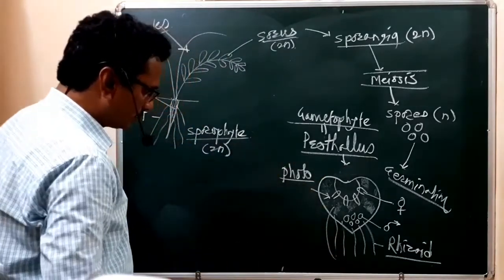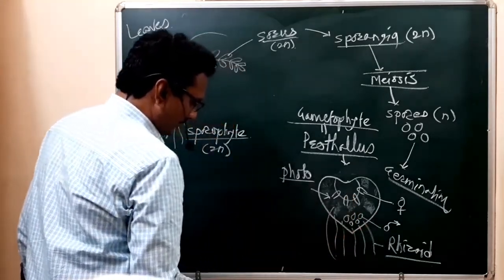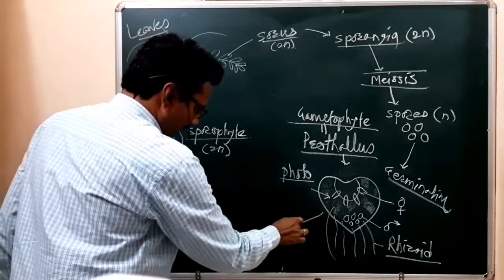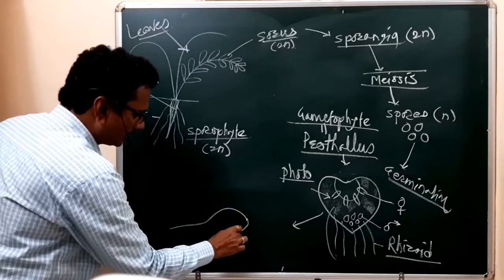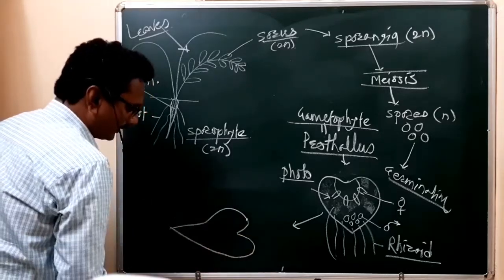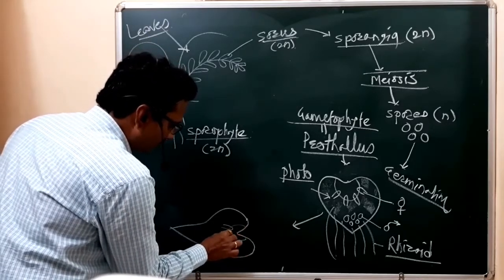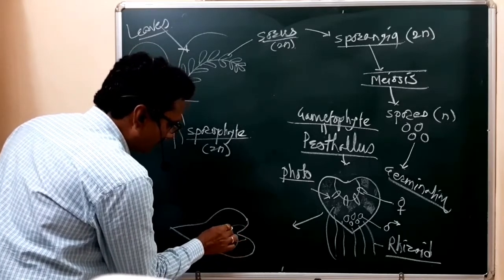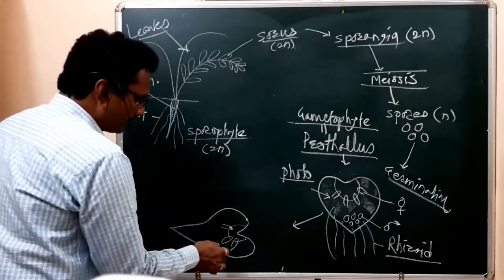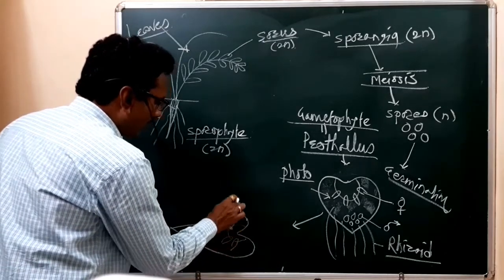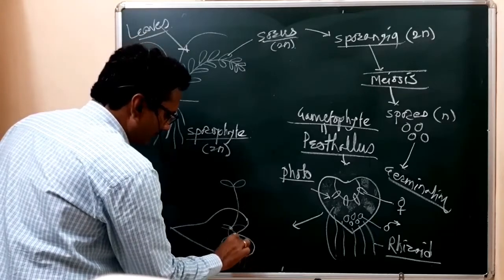Then after fertilization, what happens? The male gamete fuses with the female gamete. What happens after fusion? This female sex organ is situated here. The female gamete present here is fertilized, and from this the new young one is developed, and the rhizoid is developed from this.